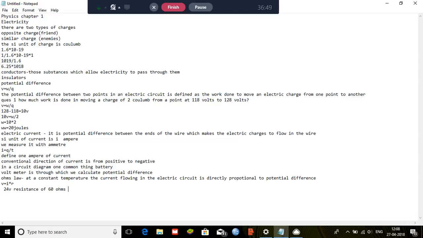So it's very easy, right? 24 is equal to I into 60.